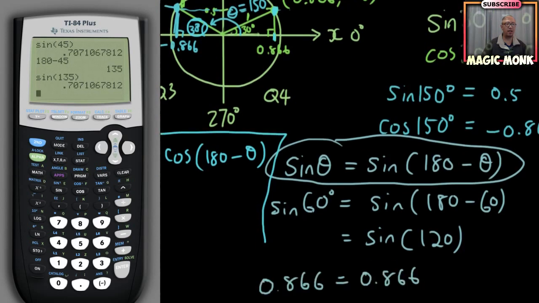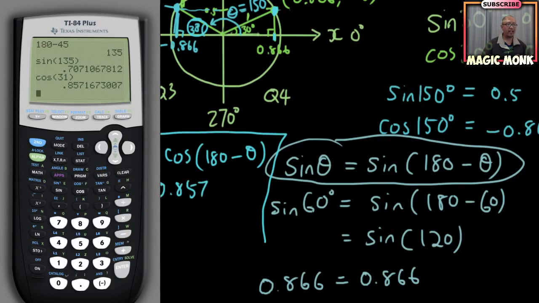So let's try cos of, let's do 31, just a random number. Oh, I just noticed my calculator's blocking the view again. So if I do cosine 31, that will be 0.857.